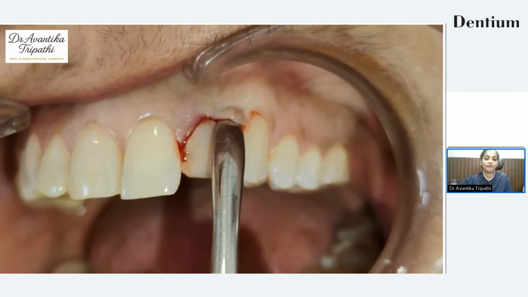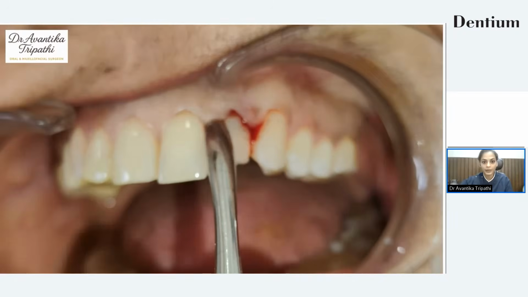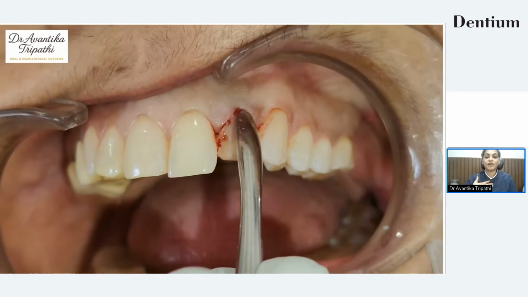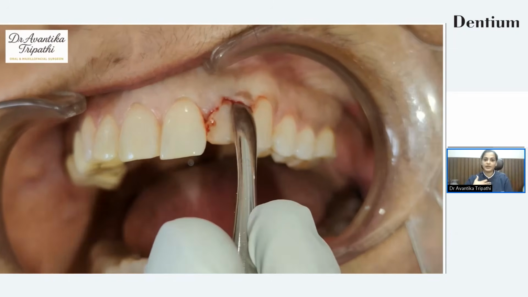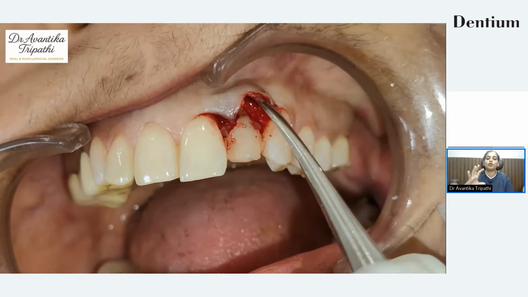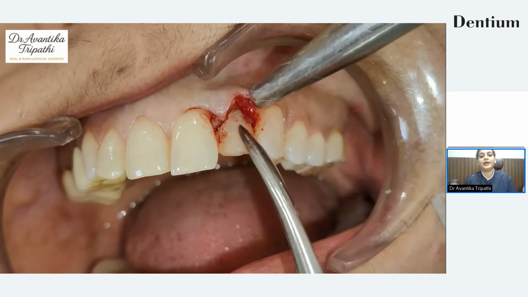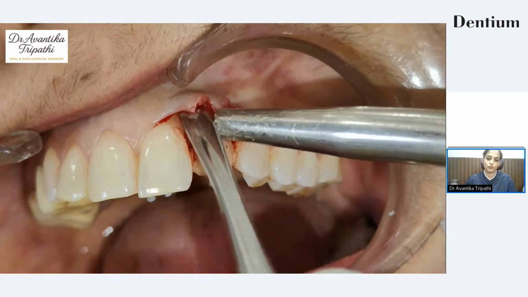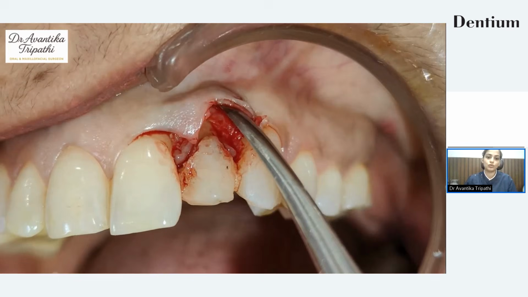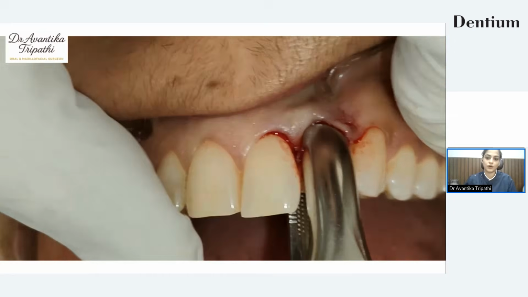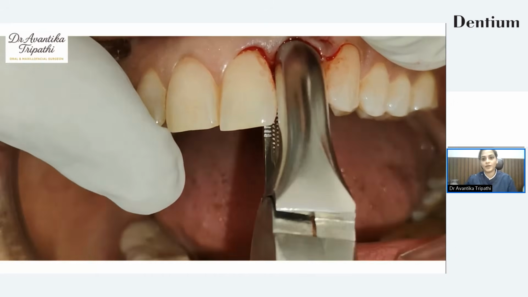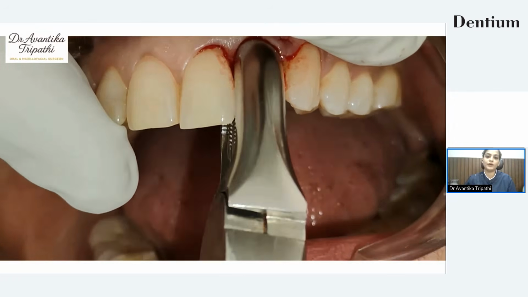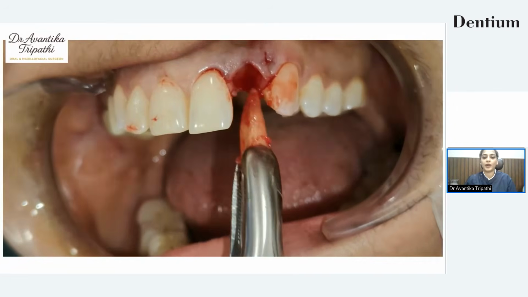The bone grafting was not required because I placed a very thin diameter implant, and I preserved that much amount of buccal bone, and I placed an immediate implant after removing the tooth atraumatically. The tooth was extracted without giving any type of movement. It was a simple, pure atraumatic extraction.